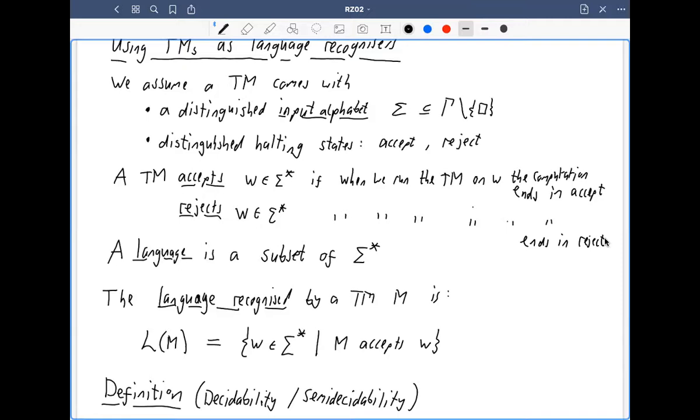And the idea is we're going to code problems such as the three colorability of a graph that we looked at last week. We give the graph as a word over some alphabet that we've chosen so we can nicely code a graph as a word. Coding a graph as a word is just like presenting a graph.